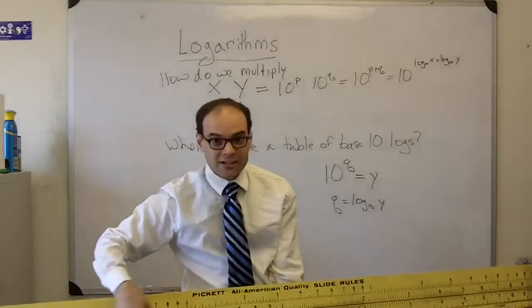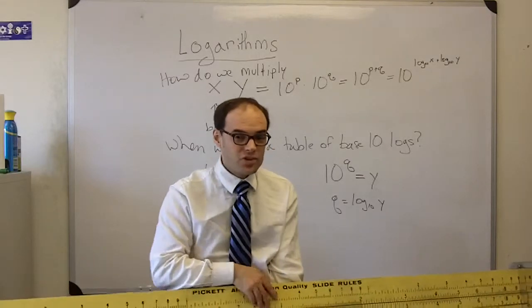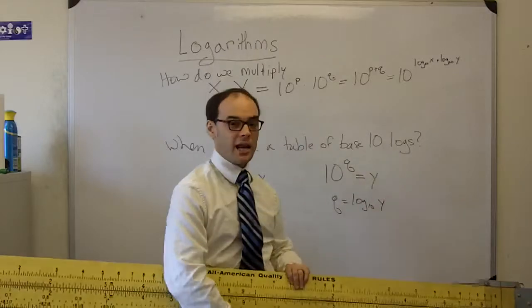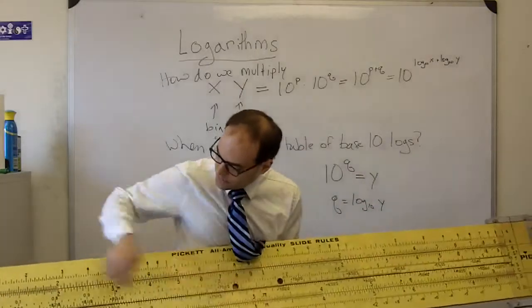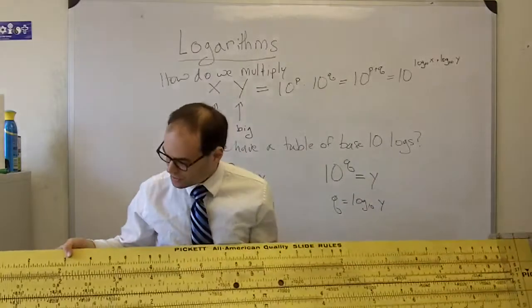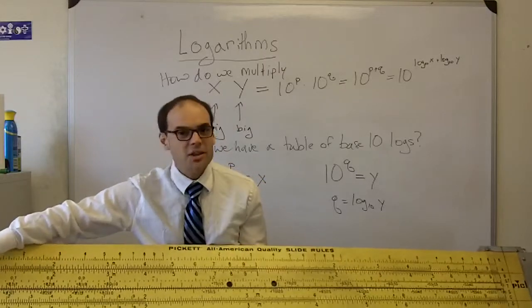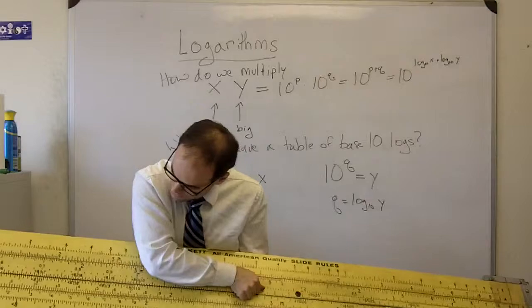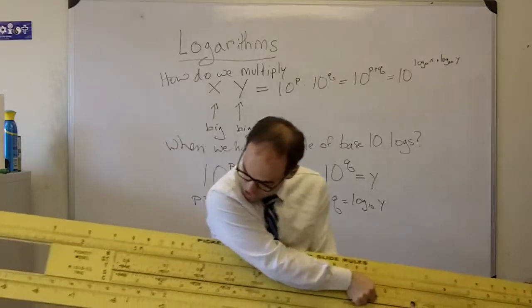Why is that? Well, they're actually printed on a logarithmic scale. So when I add lengths with this ruler, I multiply. So check it out. Let's say I want to multiply 2 times 3 to get 6. What I do is slide this little marker, the 1, over top of the 2. So this is the slide rule sliding feature.